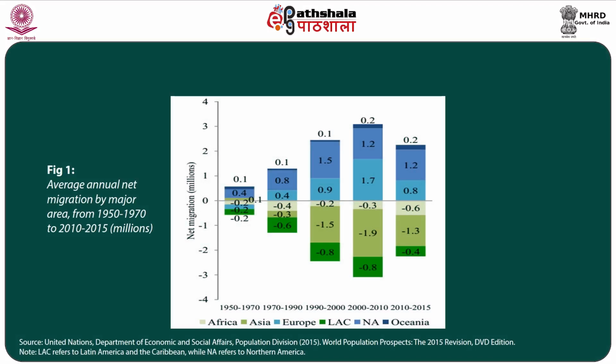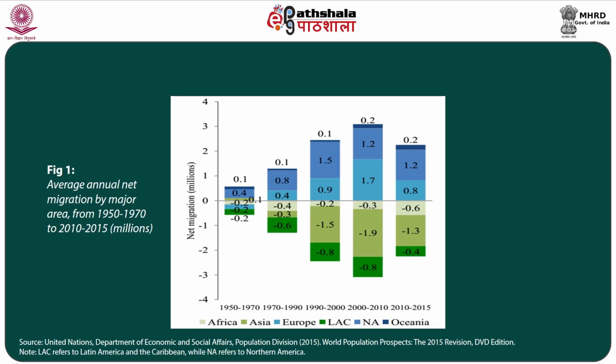Having discussed the net migration trends and patterns across the various regions of the world, let us have a look at Figure 1 that gives average annual net migration by major area from 1950-70 to 2010-2015. The figures are given in millions for Africa, Asia, Europe, LAC, North America and Oceania.